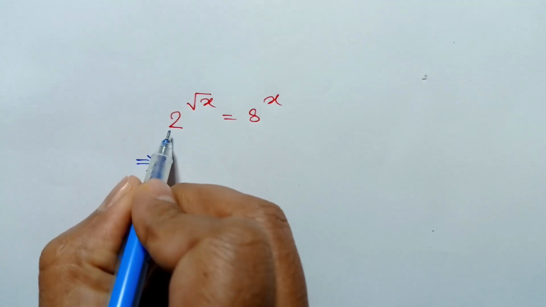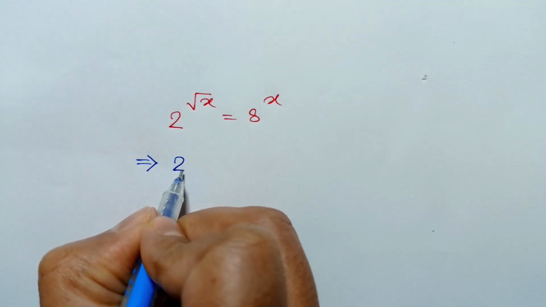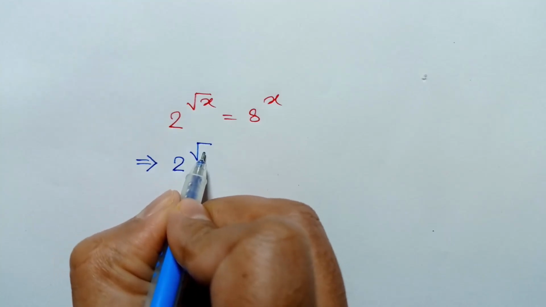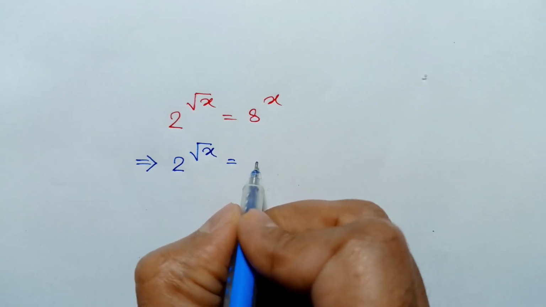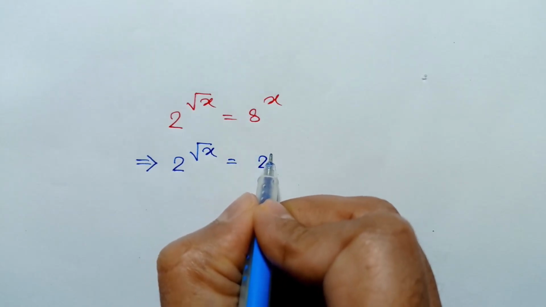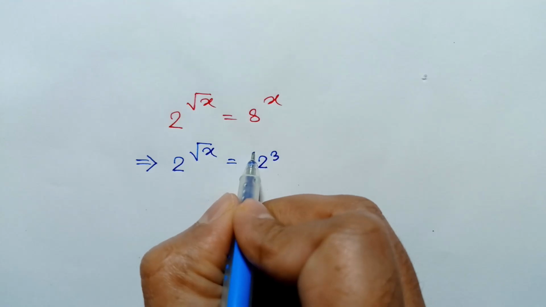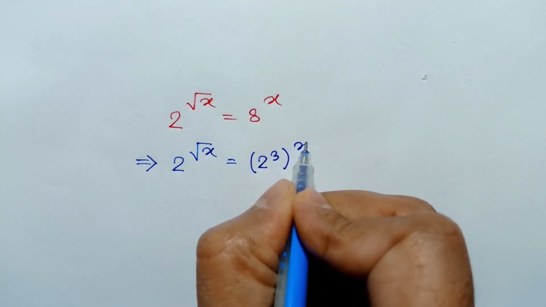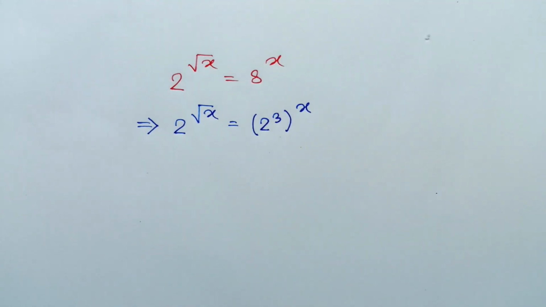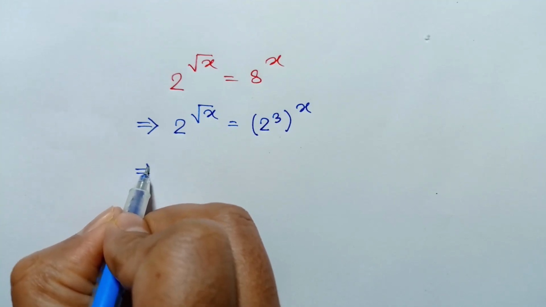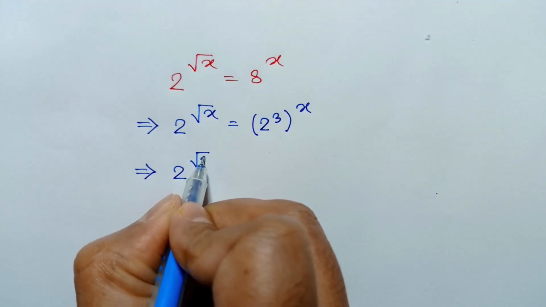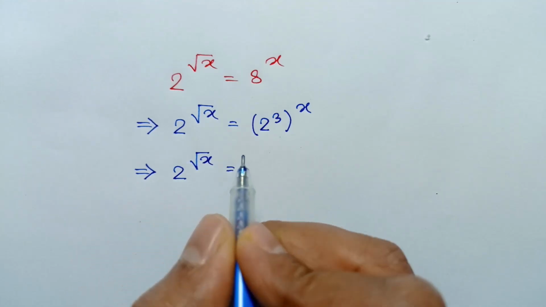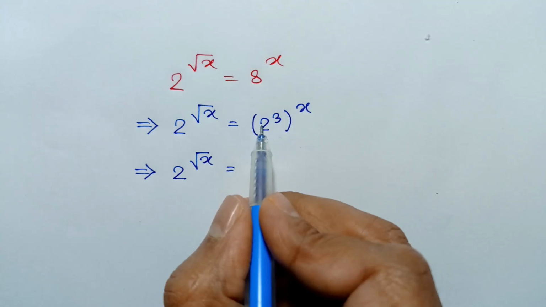The left side is 2 to the power square root of x, and this 8 can be written as 2 to the power 3. So this is 8, and whole to the power x.